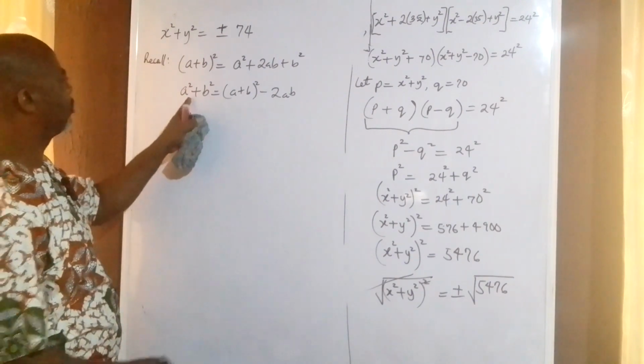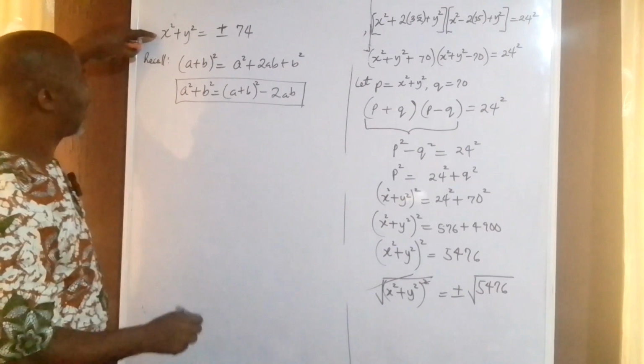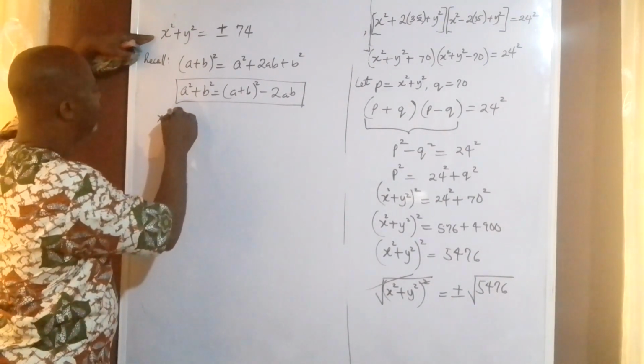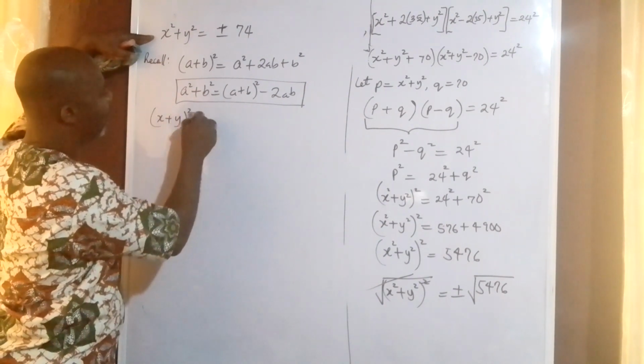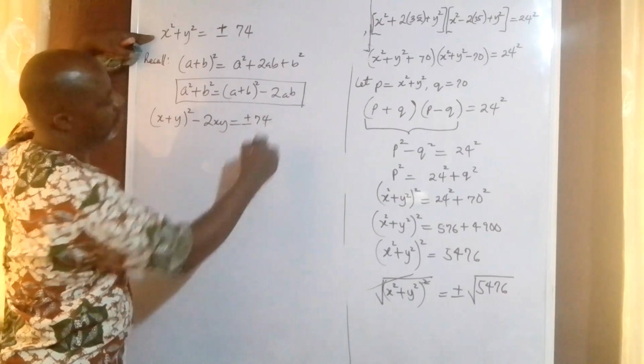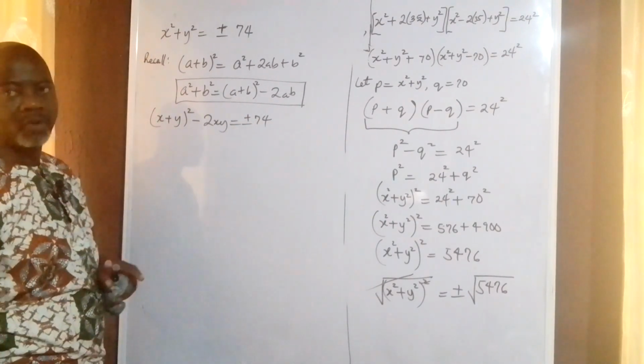So if I apply this to this side of the equation, I get x plus y all squared minus 2xy equal to plus or minus 74. And x plus y is what we are looking for.